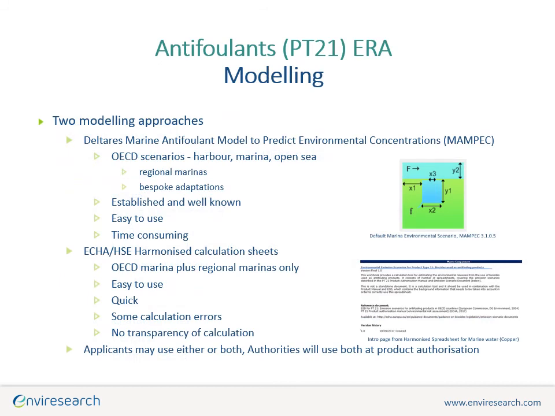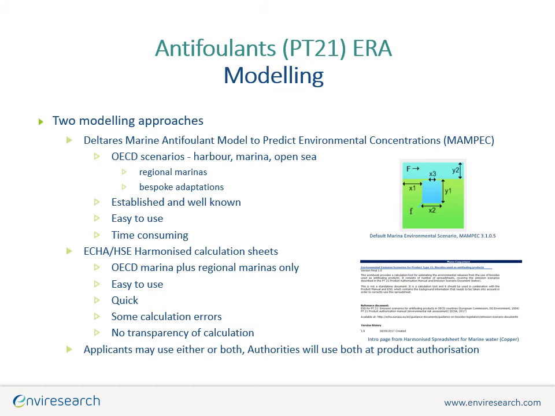So let's look at the modelling approaches that we can use for antifoulings. So first of all, we'll look at the Deltares Mampec model. Deltares were Delft Hydraulics, and in 1999 they introduced Mampec, which is a marine antifoulant model, to predict environmental concentrations.